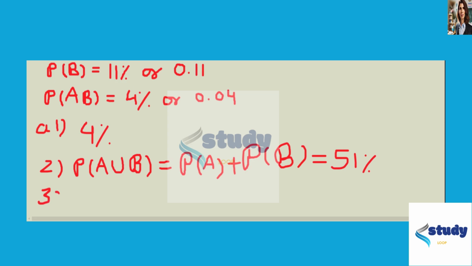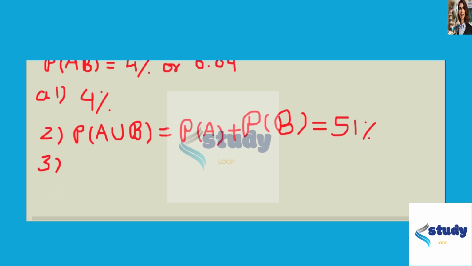Now in the next question it is asked, what is the probability that this donor is not type O?